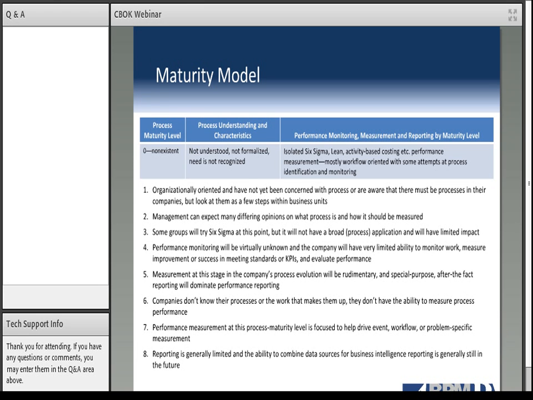But the fact is there are some attempts at improving metrics, but it's challenging because you don't have the holistic view. So organizationally, in a business unit, they're either not fully aware of the concept of process, or if they are, they look at it from a very simplistic standpoint of steps within a business unit.